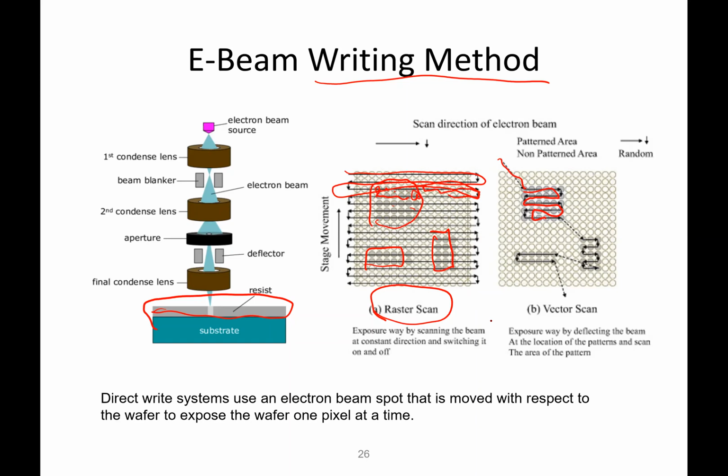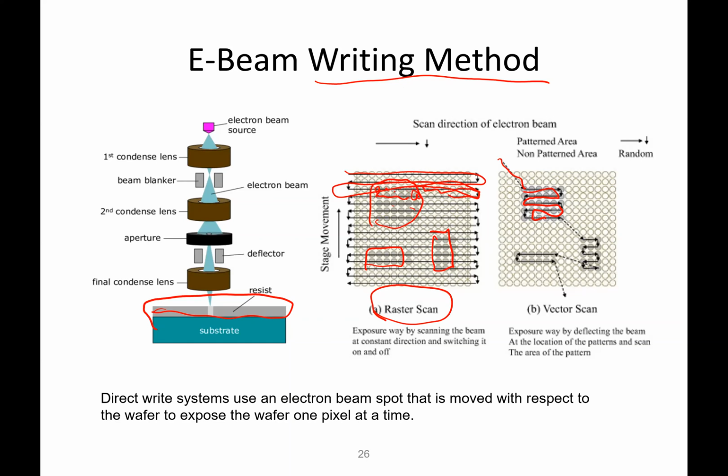So it takes so long to write the patterns. The E-beam writing method is good for research, but not for mass production. To color all the wafers, like a few tens of thousands of wafers, we cannot use this E-beam lithography. So there are some limitations.